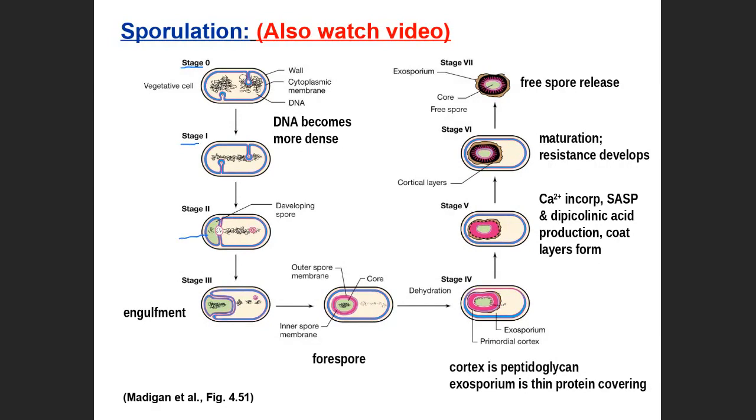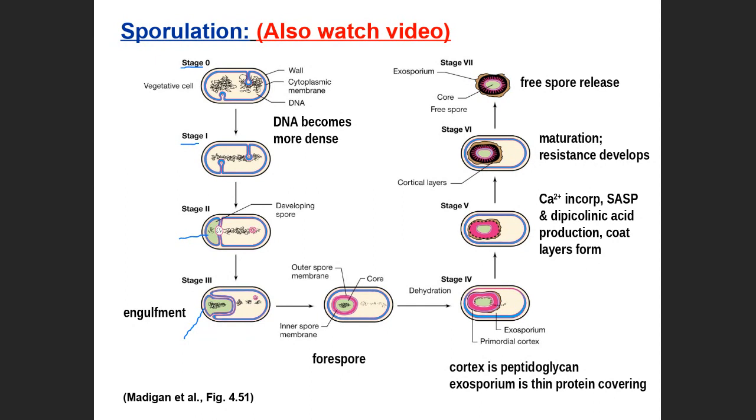And then in stage 3, you get what is called engulfment, whereby the new spore that is being formed will be engulfed by the larger part of the cell that remains vegetative. And then you move on to what we call a forespore. With the forespore, it's almost complete. However, it is not strong at this stage.